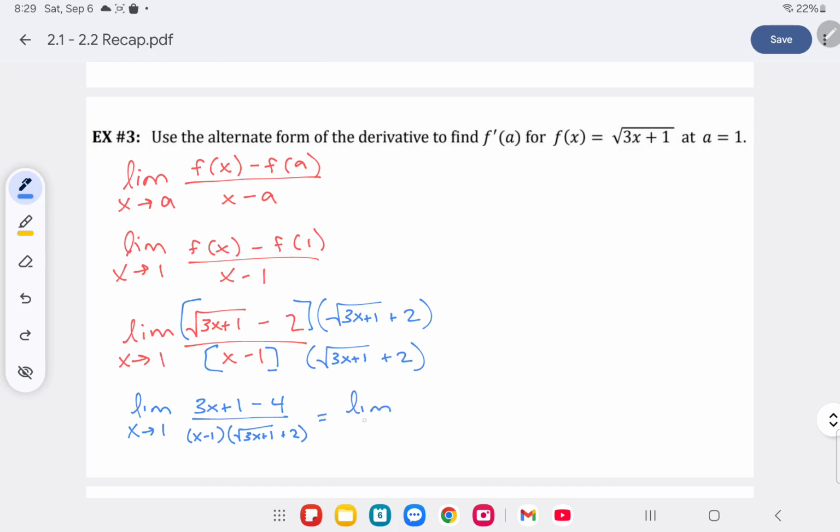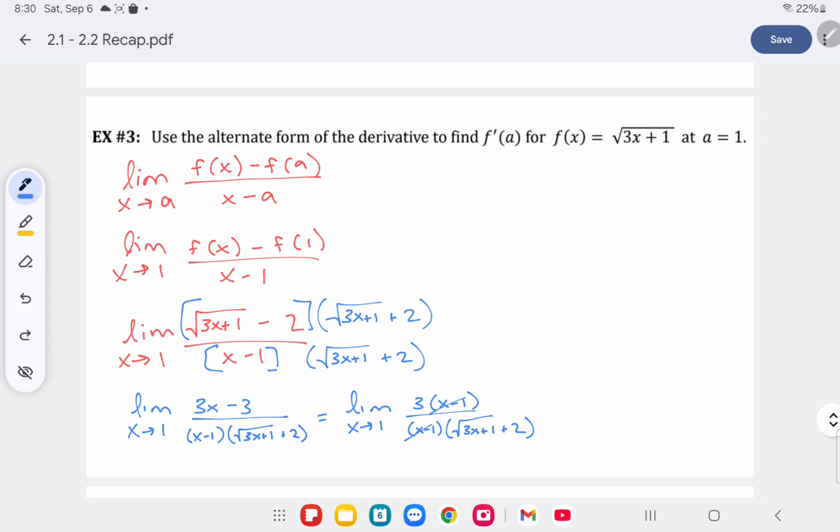And that can't happen if I am multiplying everything out. I need to factor things down. So if I simplify my numerator, 1 plus negative 4, that's just minus 3. So I can factor that into 3 times x minus 1. So now we can see that our x minus 1s are going to cancel, which is helpful.